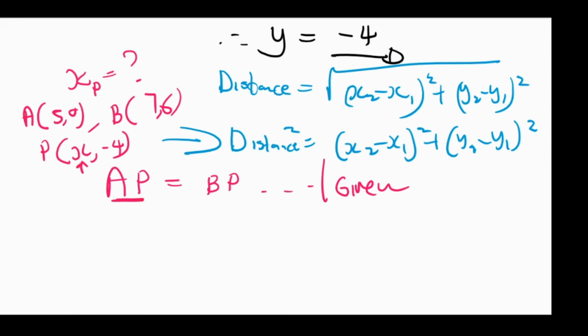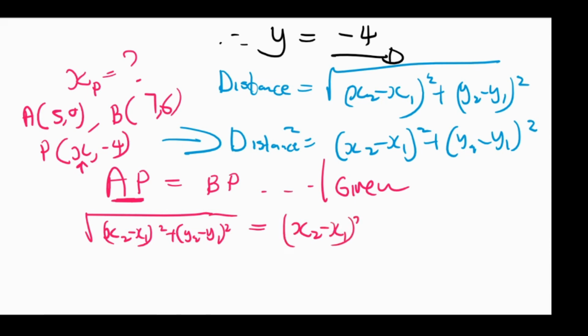We know very well that this distance is equal to the root of x2 minus x1 all squared plus y2 minus y1 all squared.